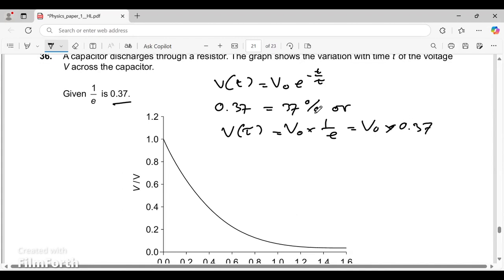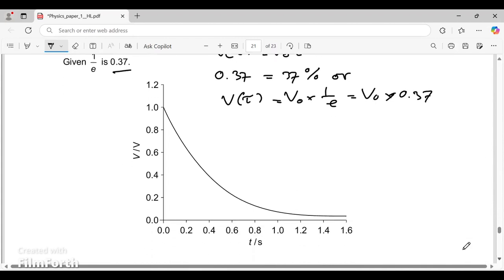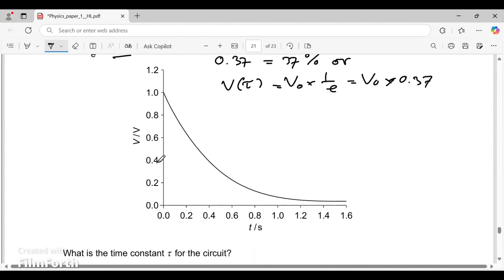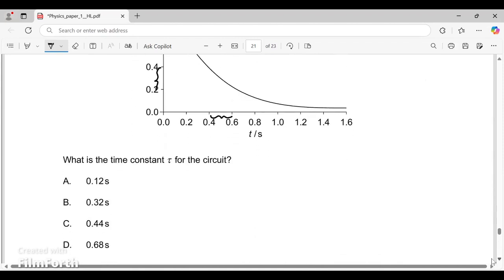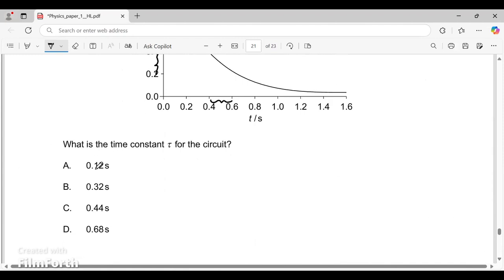Okay. On the graph, 0.37 is around here. So it means the time is around here. Right. So the answer is this one, C.